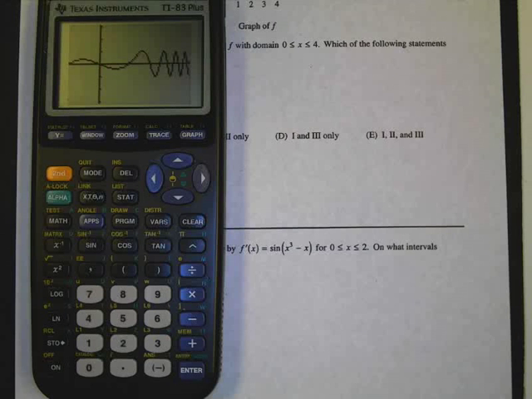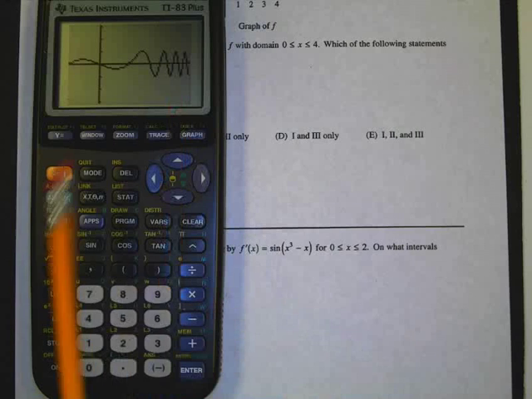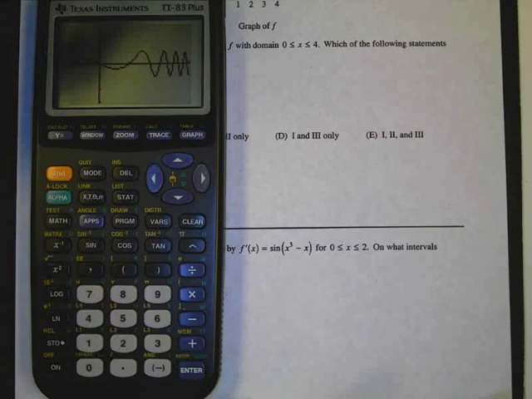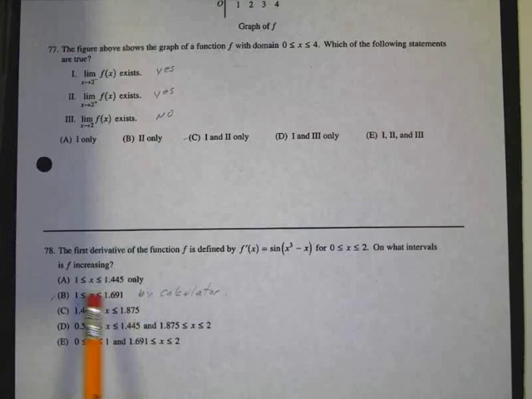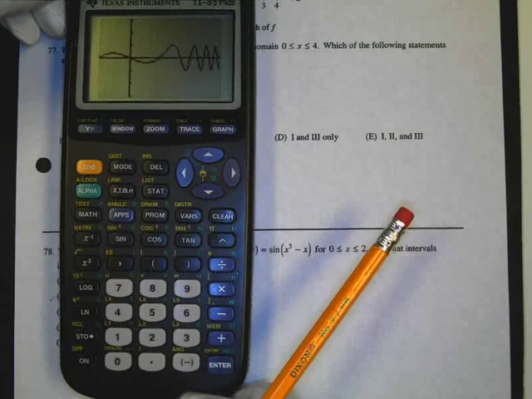We're just interested in when the derivative is above, because the question is on what intervals is f increasing, and that's whenever the derivative is positive.